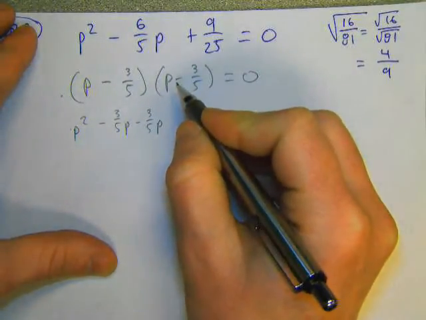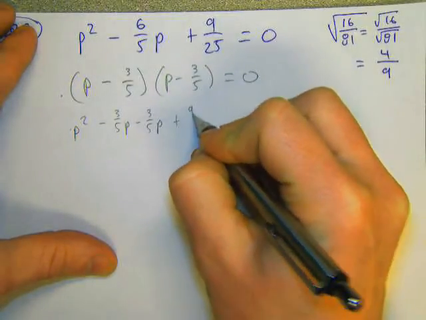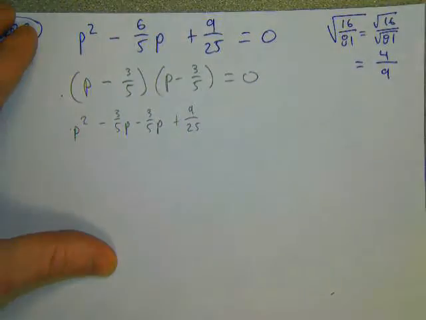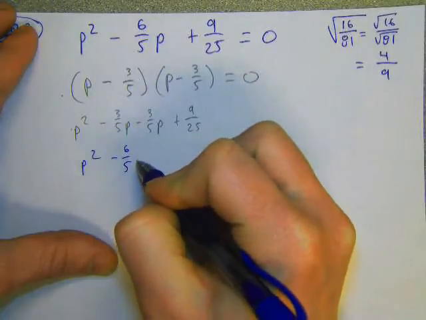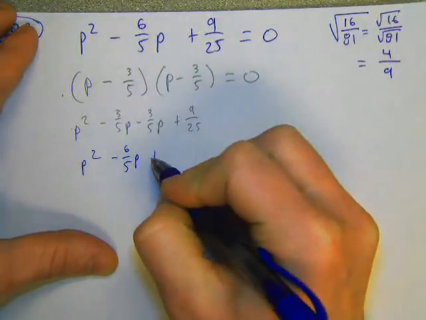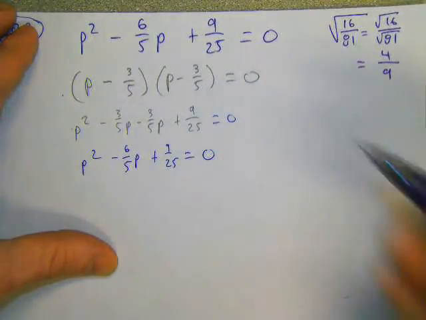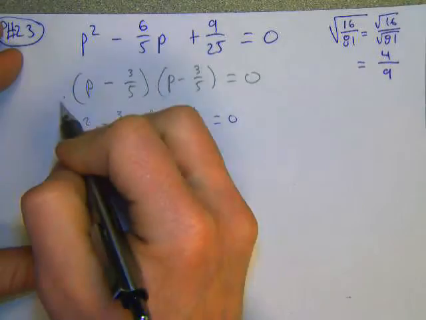And then multiply negative 3/5 and negative 3/5 is positive 9 over 25. That's looking pretty good. When I add those together, now I've got p squared minus 6 over 5 p plus 9 over 25, which is what I had in the beginning. So I'm good here. This line is good.